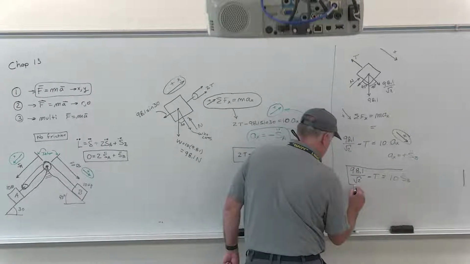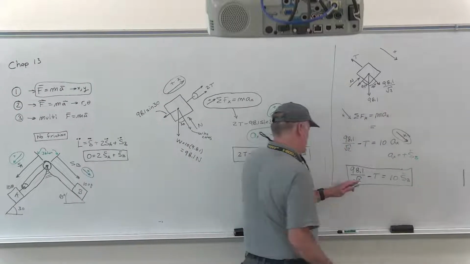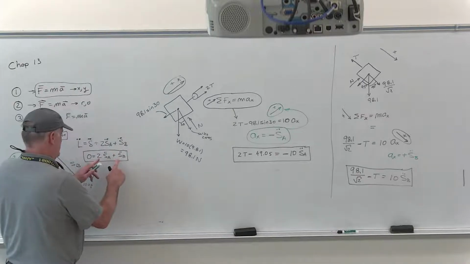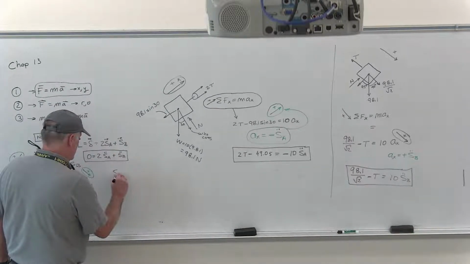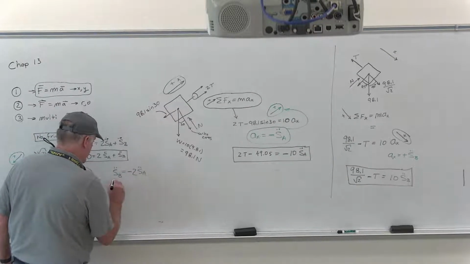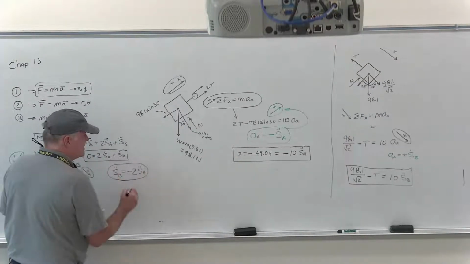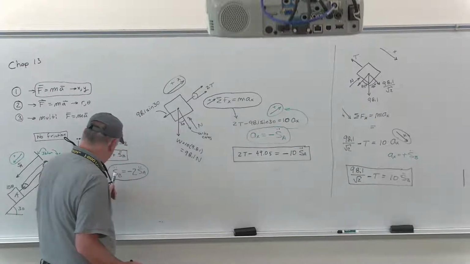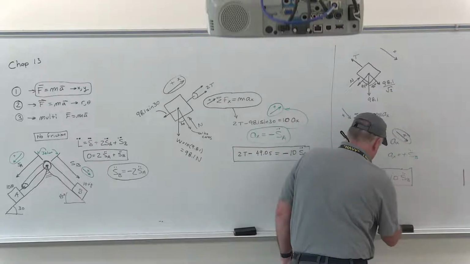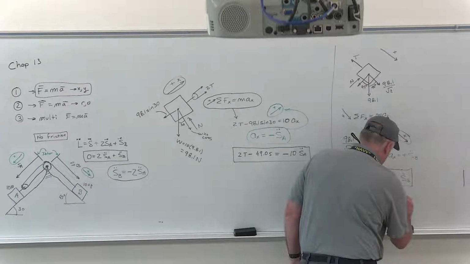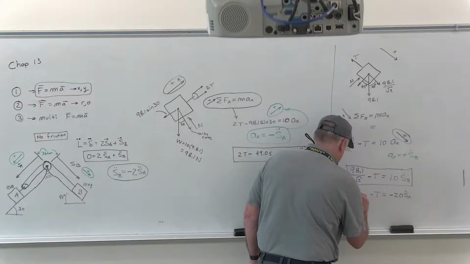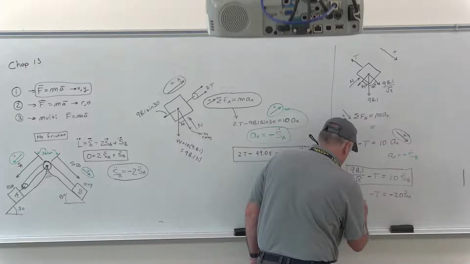Now I got an equation here, an equation here, and an equation here. So what's funny is I can use the equation SB is equal to minus 2 SA double dot to replace this SB with the minus 2 SA, and so I get minus 20 SA double dot minus T and 98.1 over square root of 2.